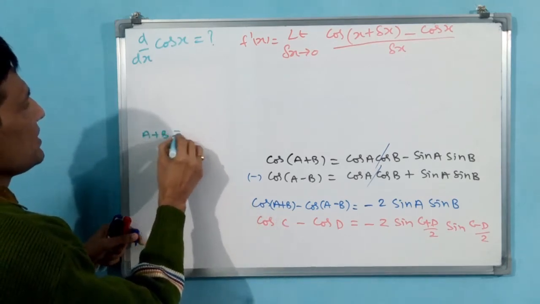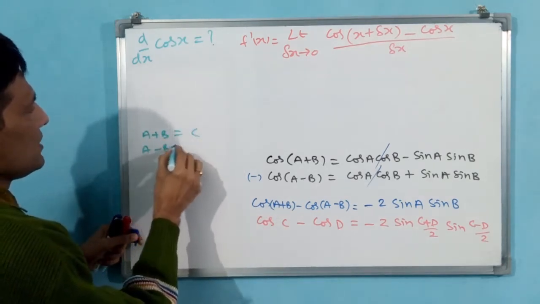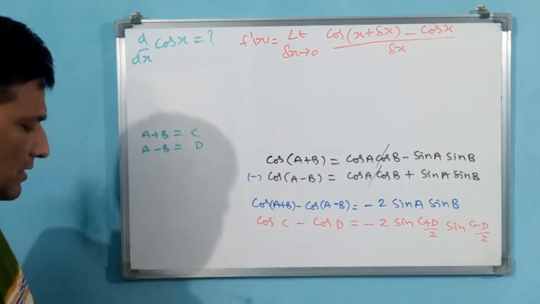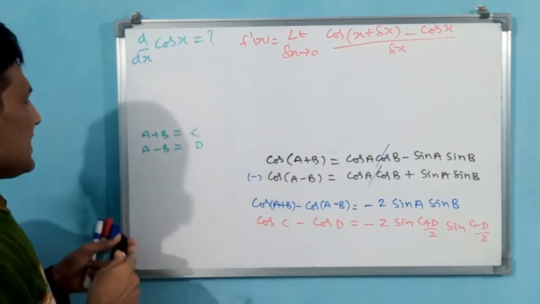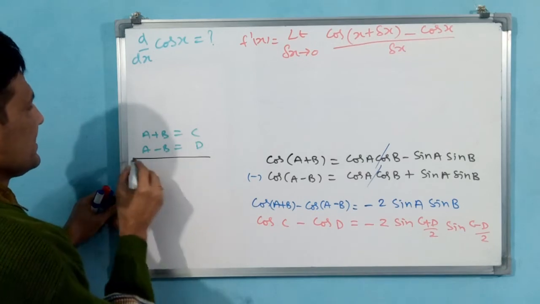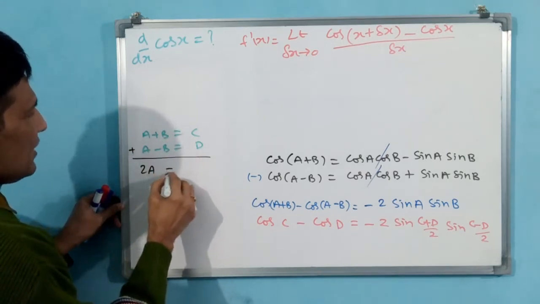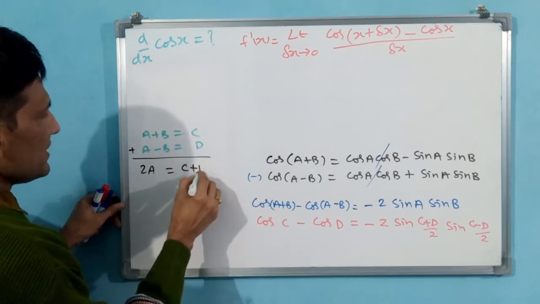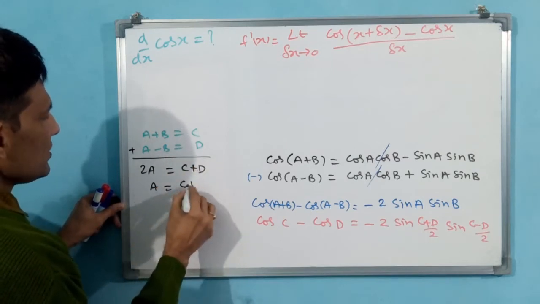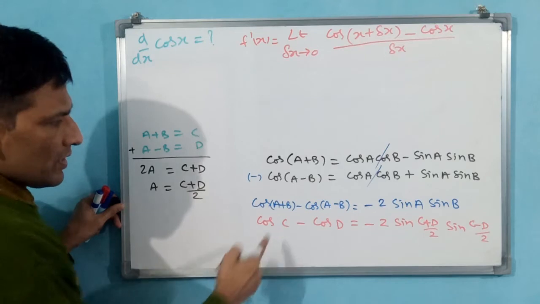How have these come? I have explained this to you already. If you take A plus B is equal to C and A minus B is equal to D, now you add. If you add, B is going to get cancelled, 2A is equal to C plus D, then A is equal to C plus D by 2.